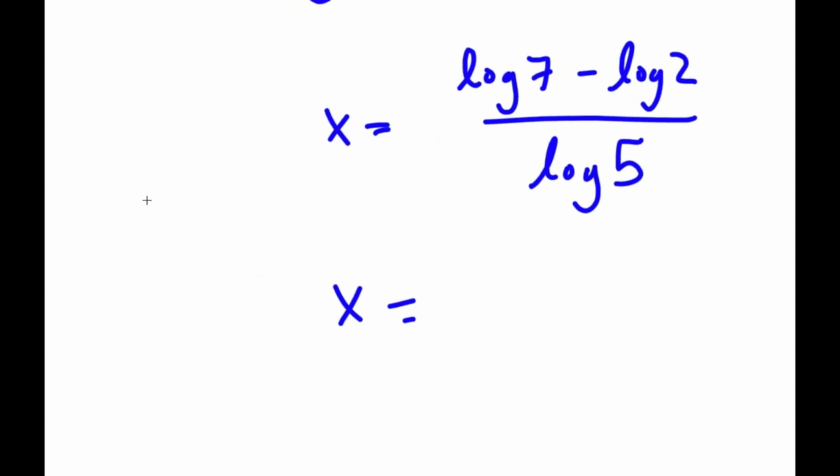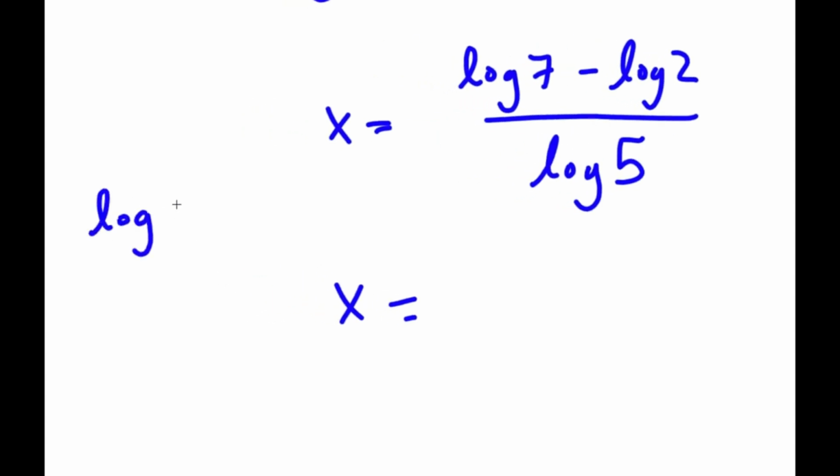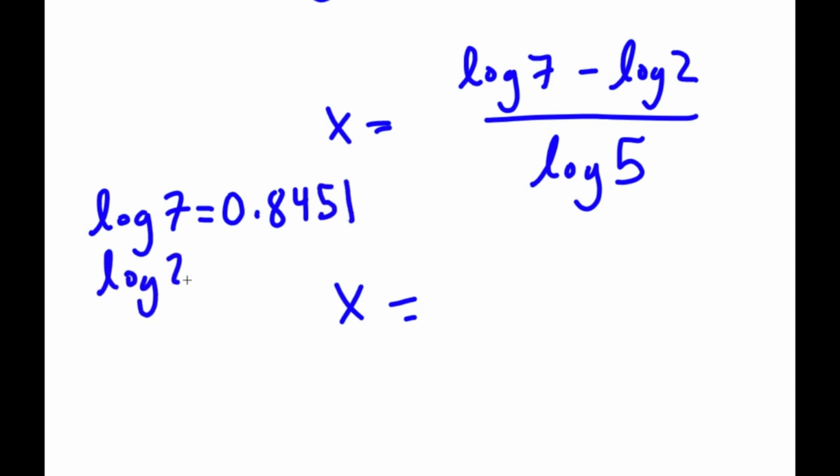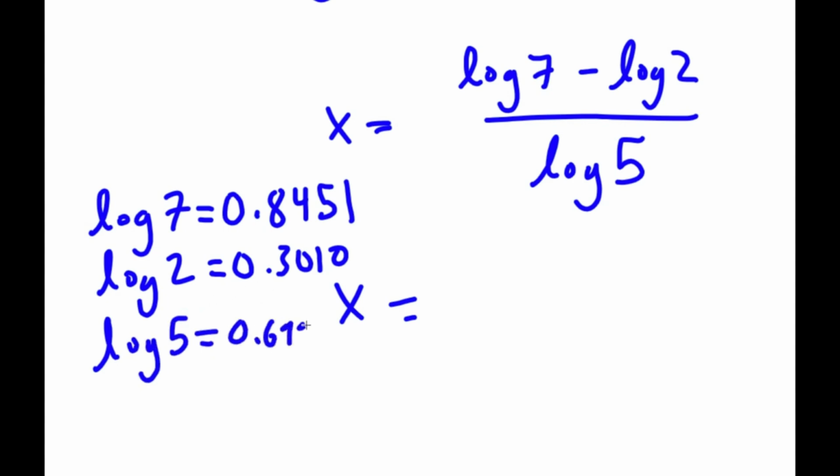So log of 7 here is equal to 0.8451. Log 2 is equal to 0.3010. And finally, log 5 is equal to 0.6990.